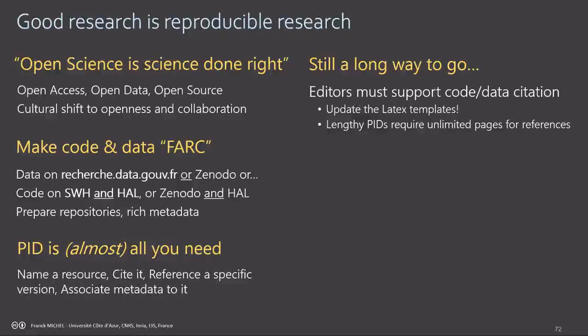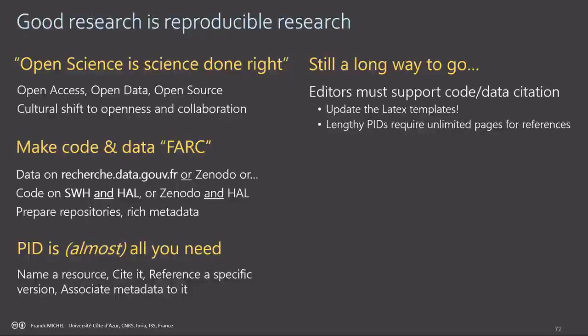So one effort is to be made by the editors, to support data and code citation. First, I mentioned it, they have to update their LaTeX templates, so that we can actually cite data and code. It's as simple as that. Something else: I mentioned that the size of this PID can be super long, and maybe you don't want to waste space if the page limit of your article includes the references.